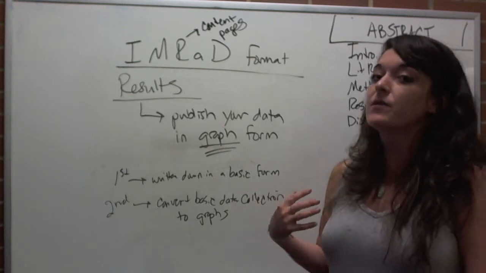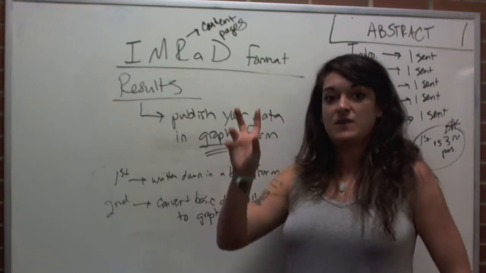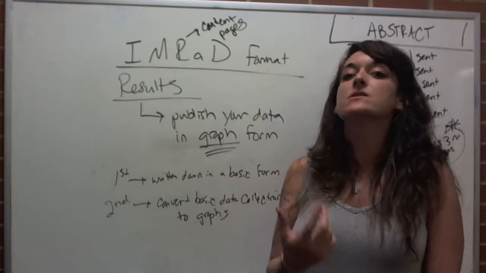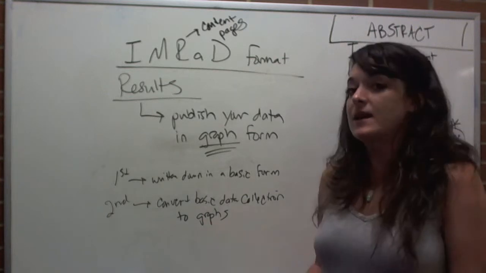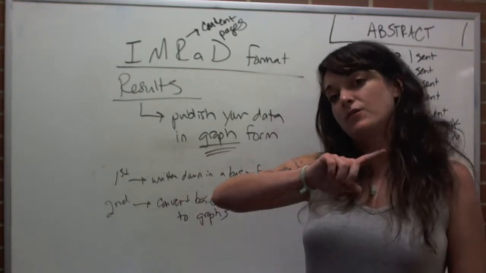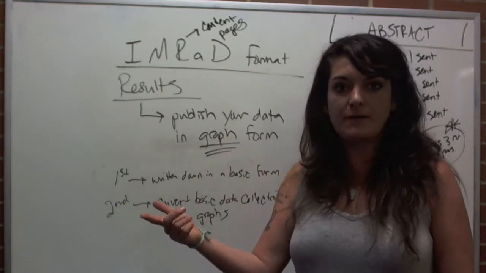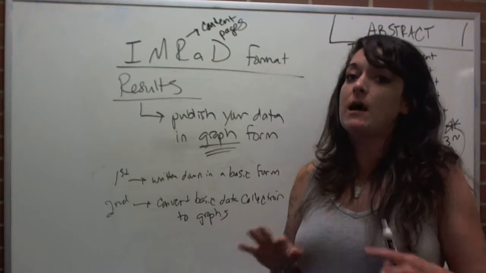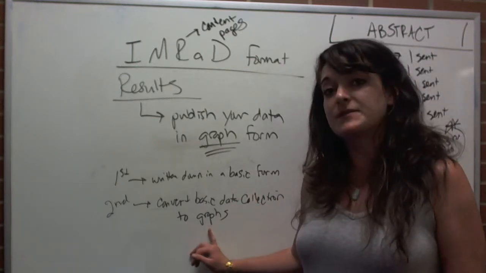That's why I backed off of your readings for this week, and I gave you more time to focus on each of these individual sections because they are so specific and in-depth and scientific, okay? You have a basic format of your data collection, but then you have to convert it into visual graphs, okay, or visual data, which is graph form. What graph you choose and how you choose to format it is completely up to you, but it does have to be converted to graphs, and here's why.